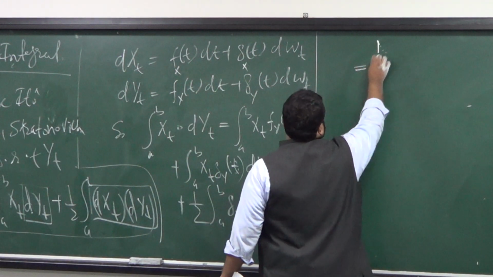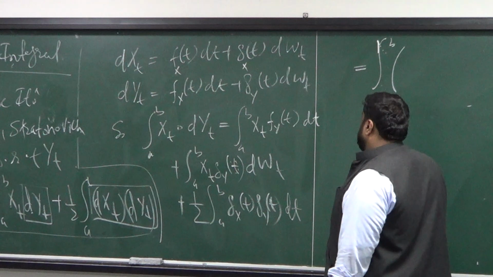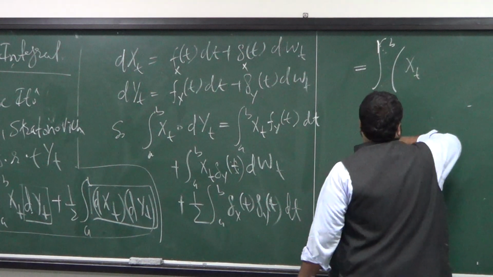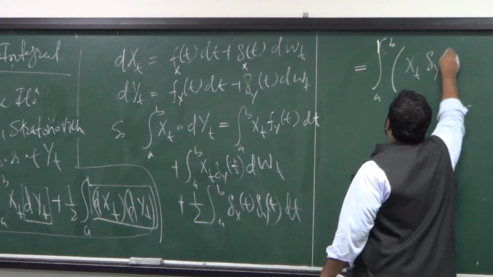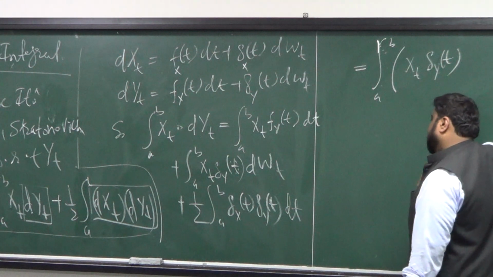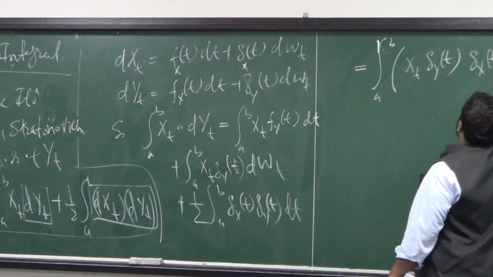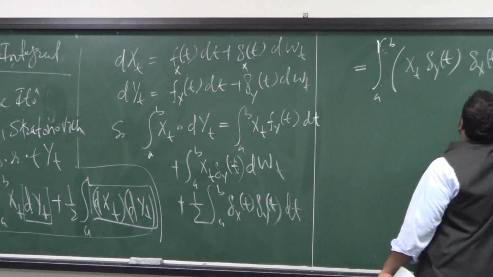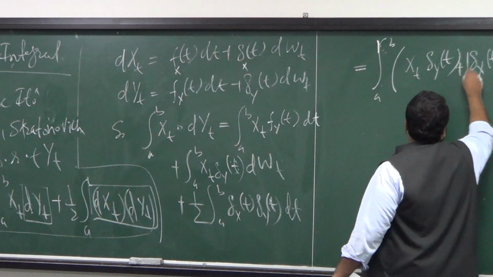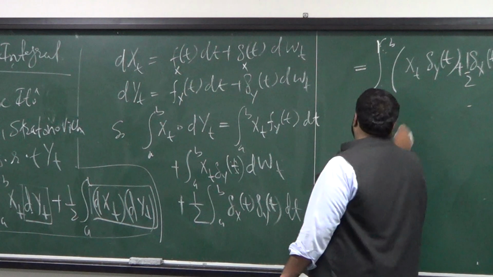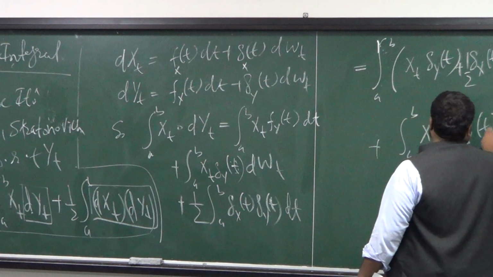So finally, the integral is going to have a drift equal to xt fy of t plus gx of t gy of t times 1/2 dt, plus xt gy of t dWt.